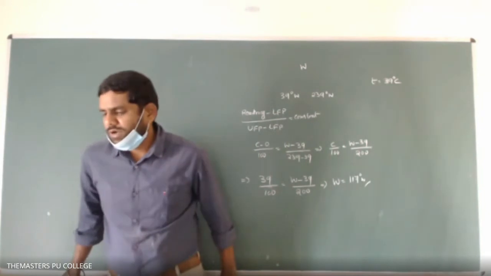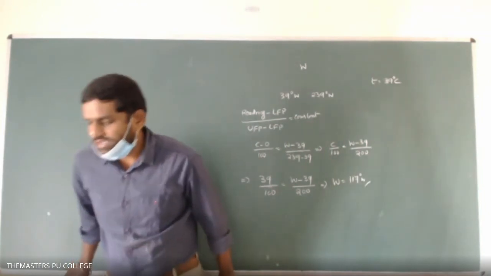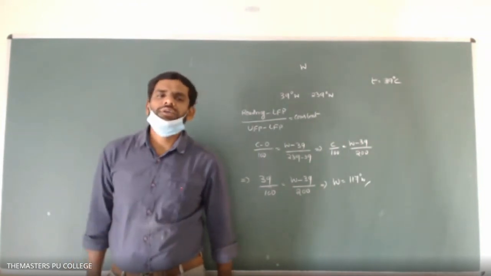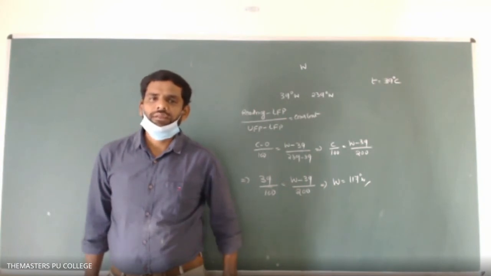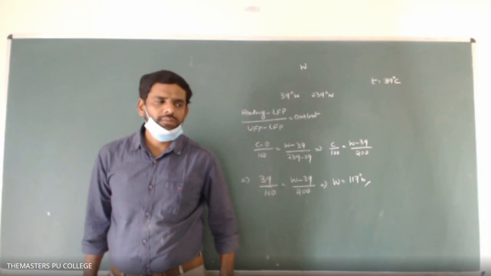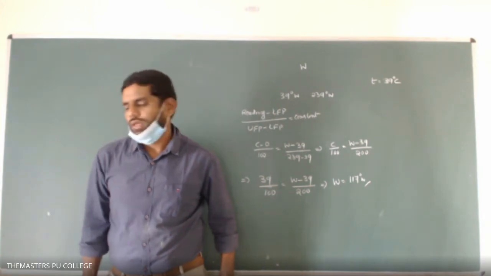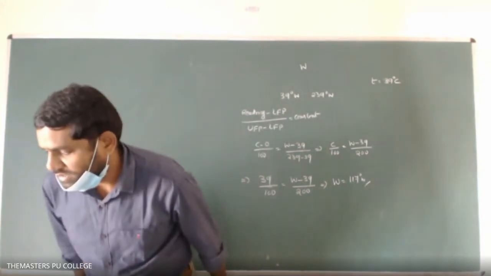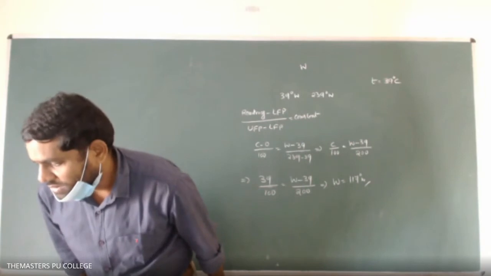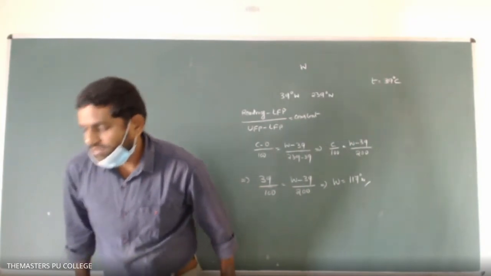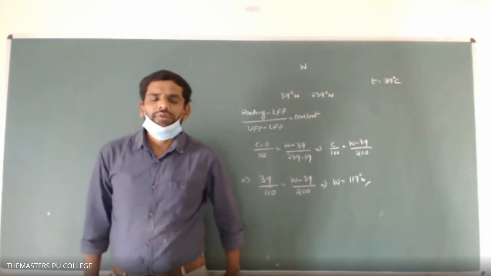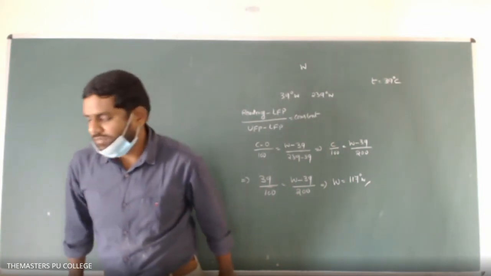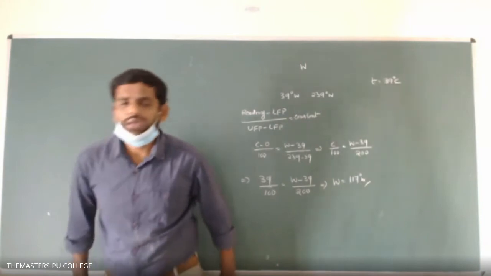Find the corresponding change of temperature on the Kelvin scale. I'm repeating the question once again, guys. The change in the temperature of the body is given by 50 degrees Celsius. Find the corresponding change of temperature on the Kelvin scale. That's it.